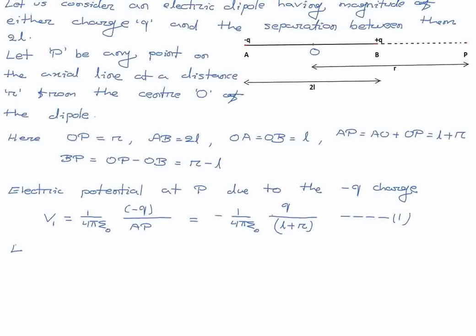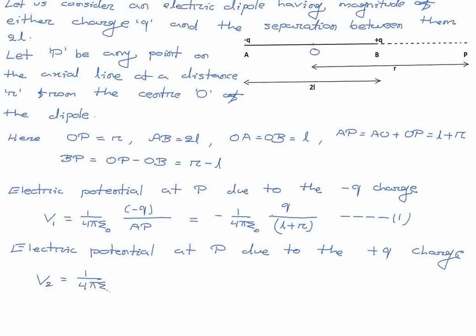Now electric potential at P due to the plus Q charge, that is V2, is equal to again 1 by 4 pi epsilon naught, charge is plus Q, divided by distance of the point P from the plus Q charge, that is BP.